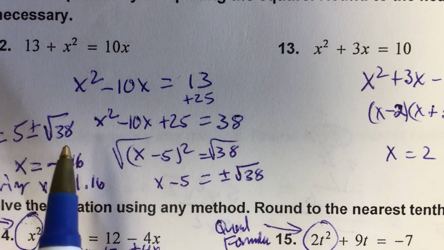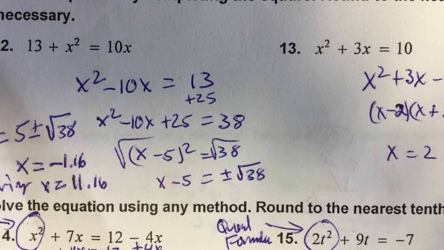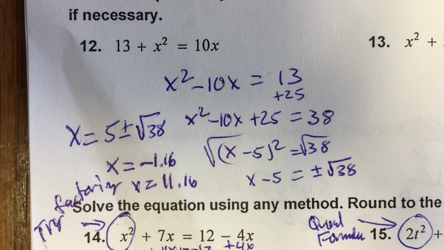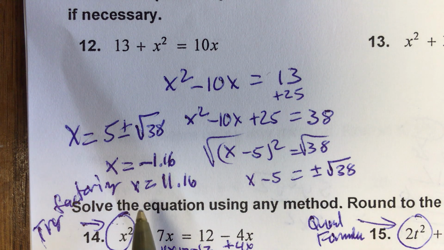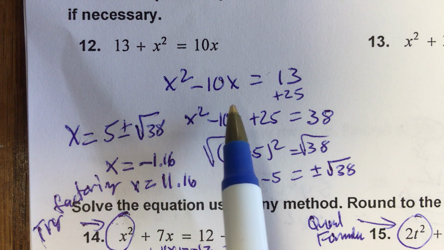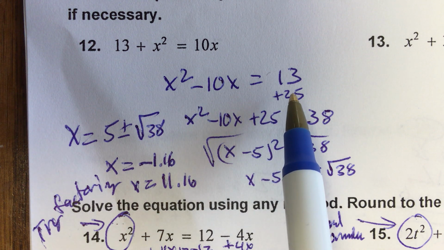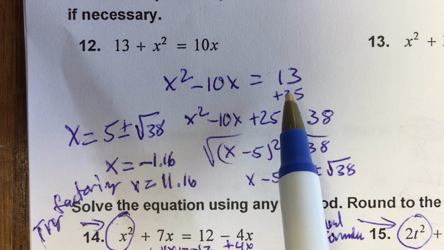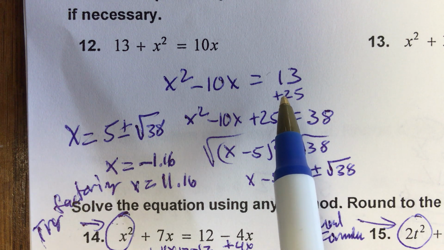Looking at number 12, I have, there we go, scoot that over just a little. So going to number 12, I have x squared minus 10x equals 13. The reason I'm doing it this way is I'm going to do completing the square.